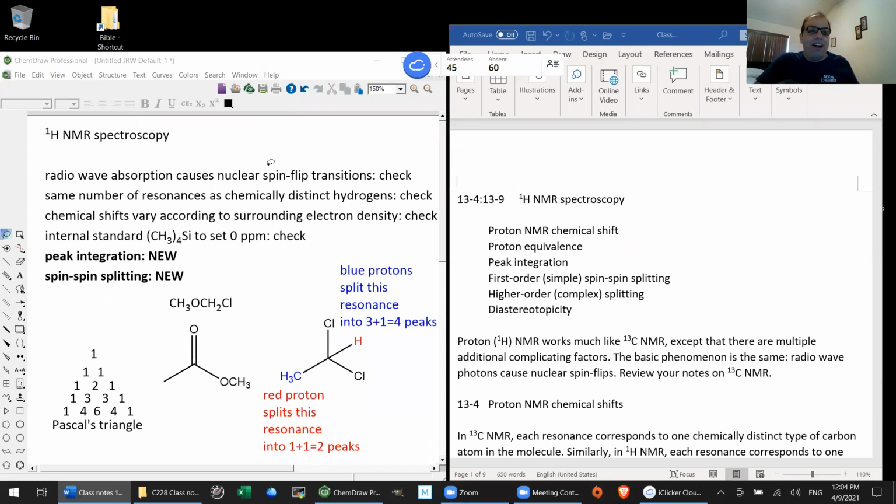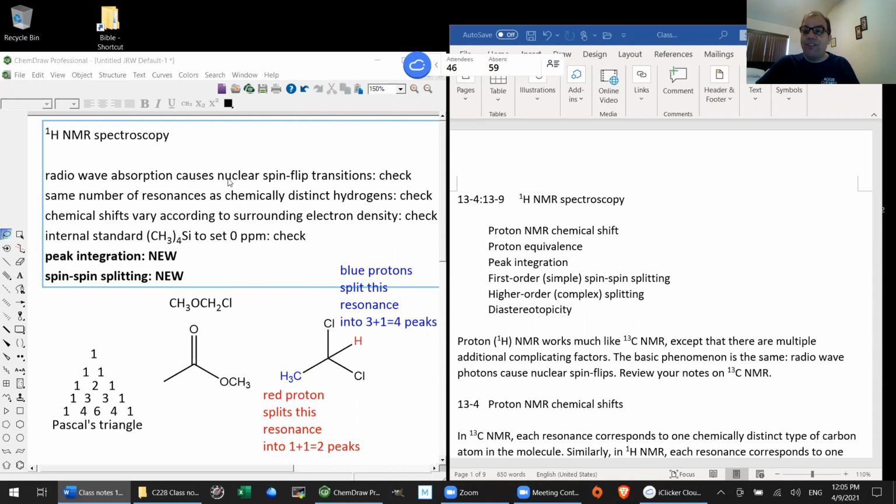So, what are some of the things that the two methods have in common? Well, recall that in all kinds of NMR, not just carbon or proton, but in NMR in general, it's a method that relies on radio waves, which are the lowest energy kind of electromagnetic radiation. Photons of radio waves cause a transition in atoms at the level of the nucleus.